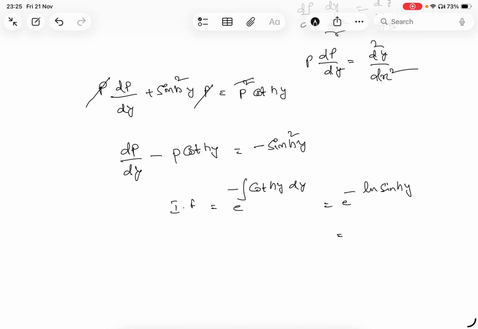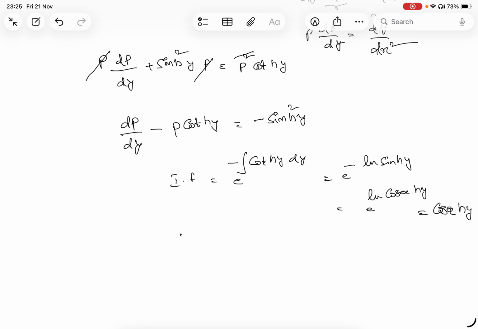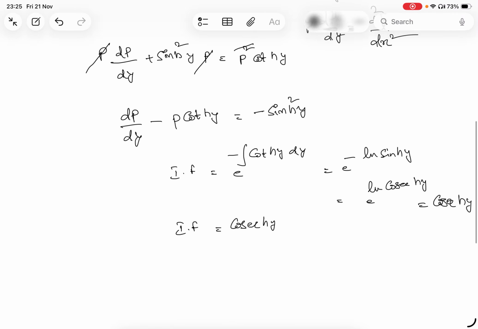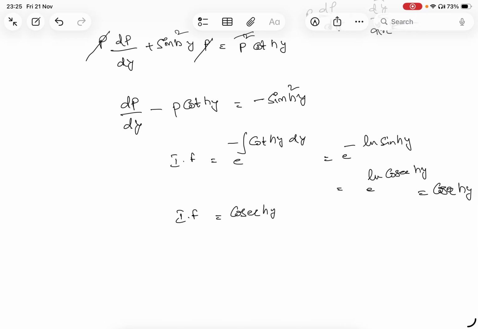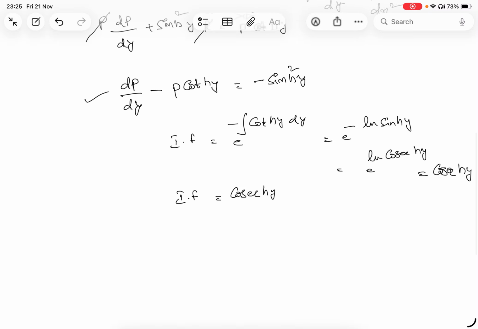This can be written as e to the power ln of sinh y to the power minus 1, using m log a equals log a^m, which is ln cosech y, so it equals cosech y. This is the integrating factor.